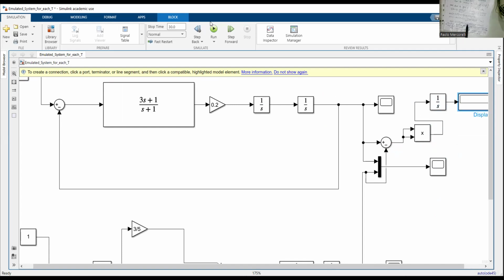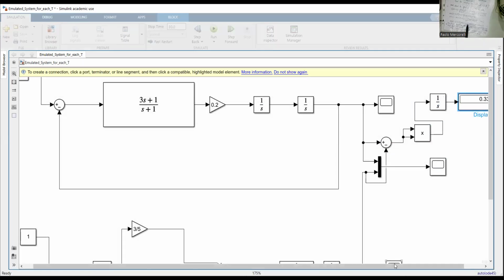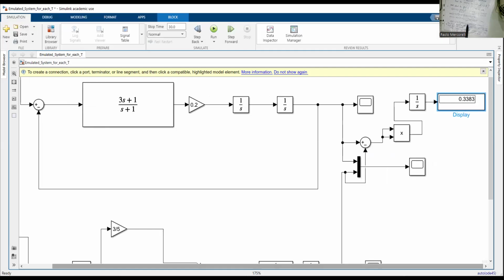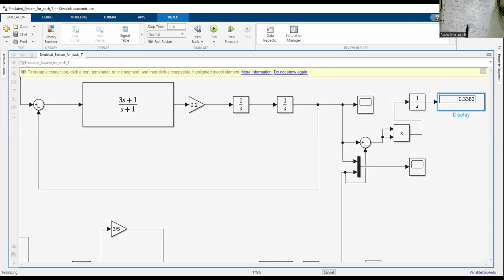Let me see. With 0.8, we have the error square equal to 0.3383. Let me come back to t equal 1 in order to see if we have differences. Zero point 3383.